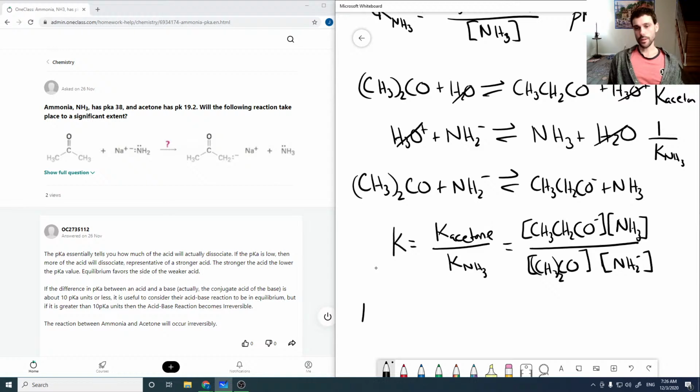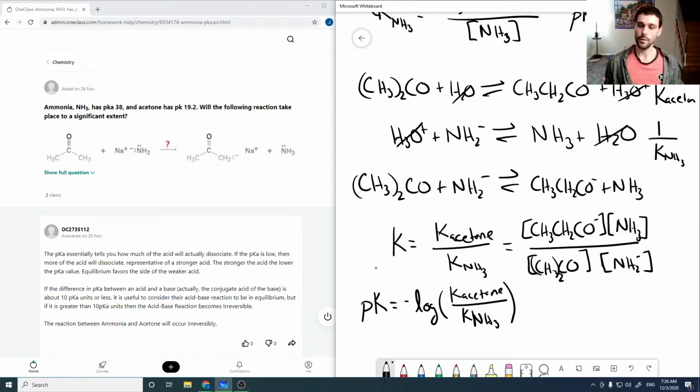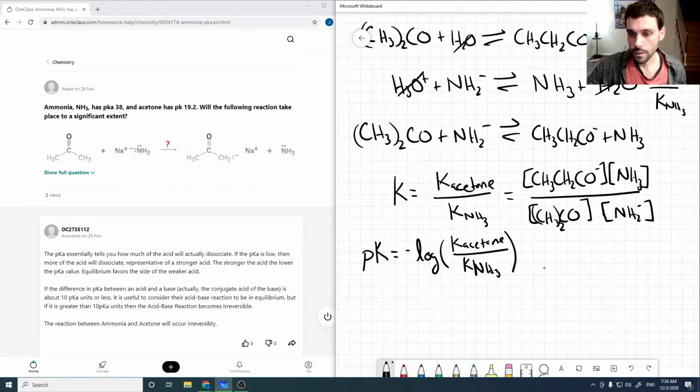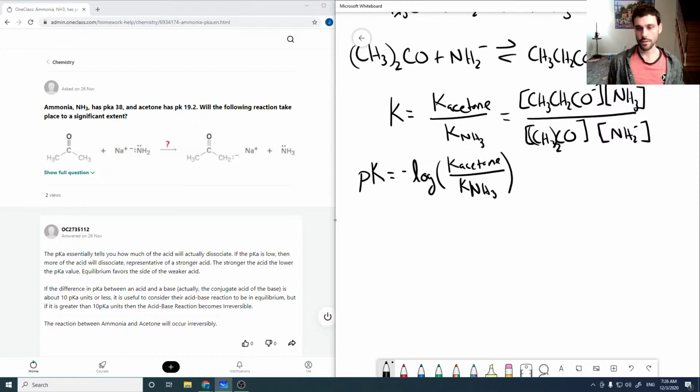So now if we want our pK for our reaction, it's just the negative logarithm of K acetone over K NH3. Using log rules, we can turn this into a negative logarithm of K acetone minus, keeping the negative sign up front, so it'll be plus the logarithm of K NH3.